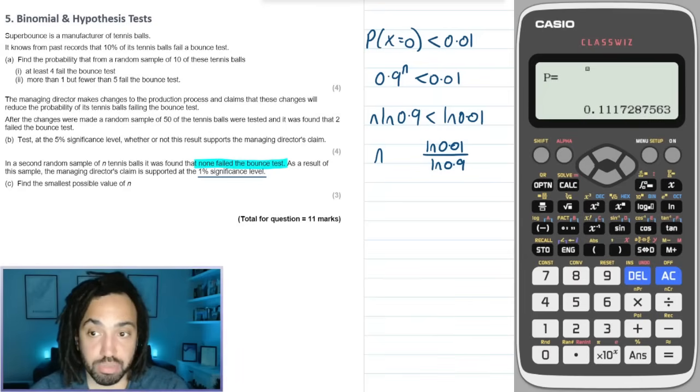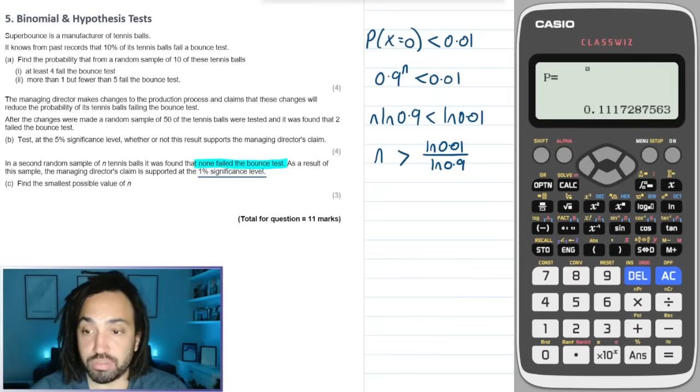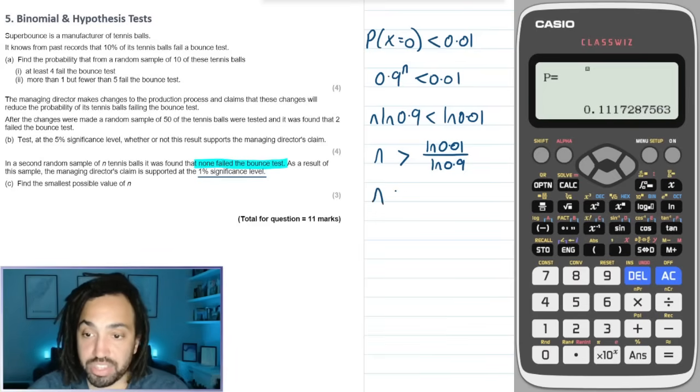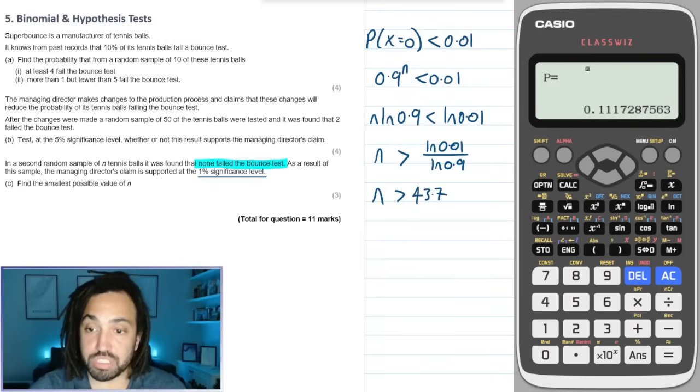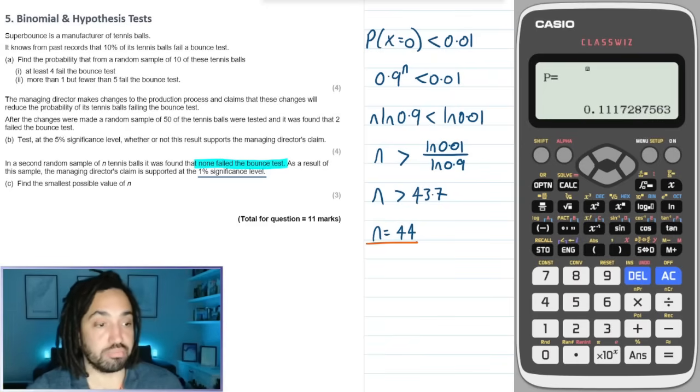When you divide through by a negative, it flips the sign over. So it's important to check that when you divide by a logarithm like that. This gives me a value of 43.7, which means that n must be 44, because obviously it has to be a whole number, since it's the sample size. Perfect.